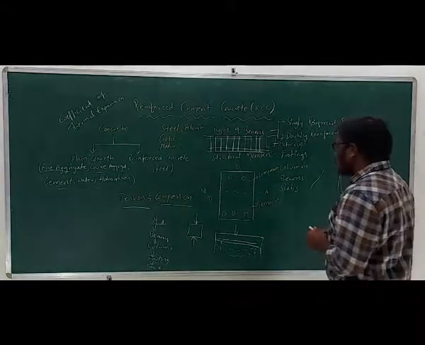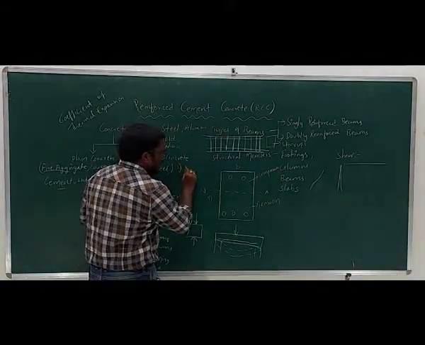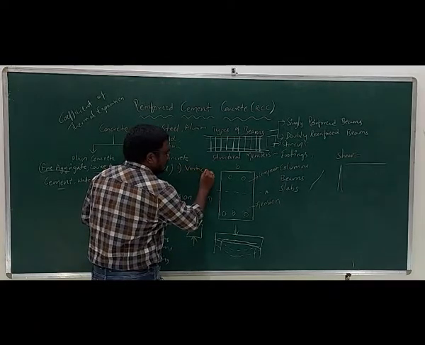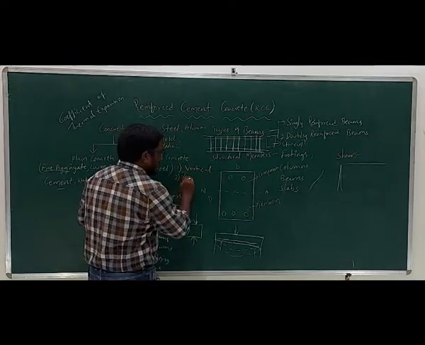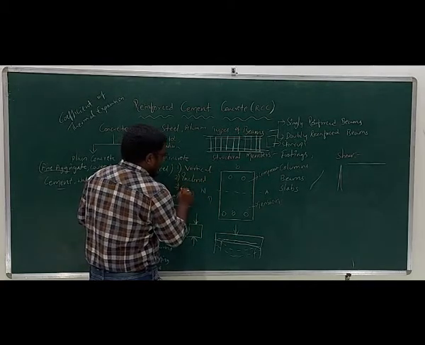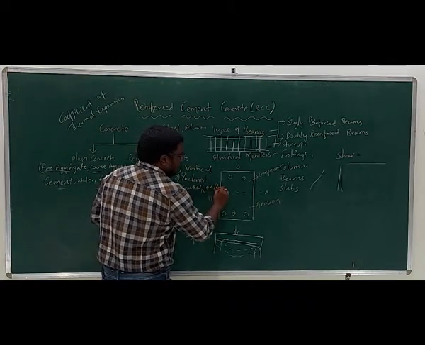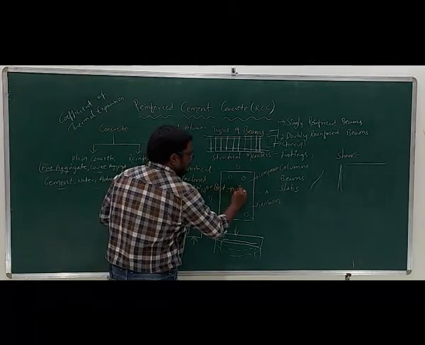Coming to the stirrups, we are going to provide three different types. First one is the vertical, second one is the inclined, and third one is the cranked or bent up bars.